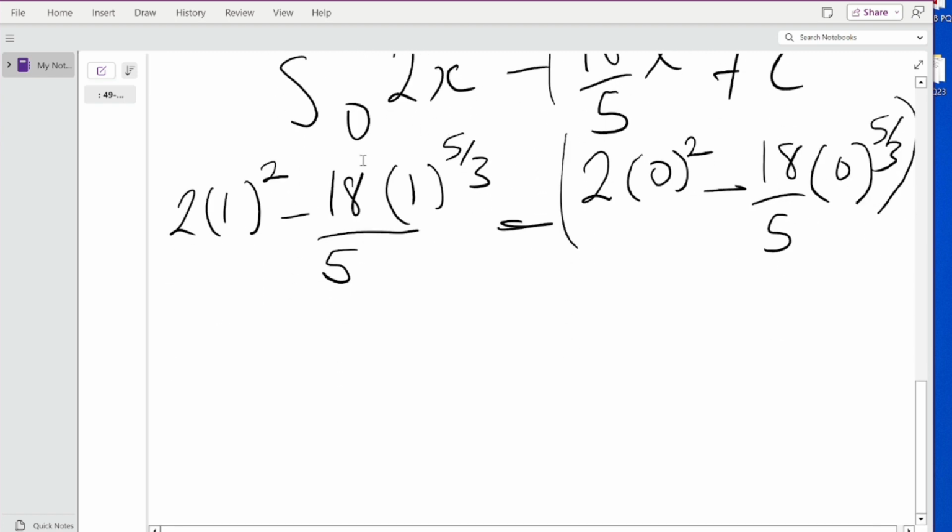The next line, we have 1 squared is 1, 1 times 2 is 2. Cube root of 1 is 1, 1 to the power of 5.